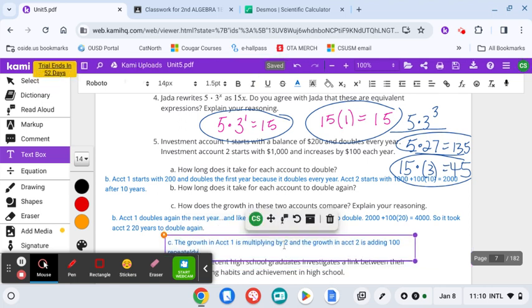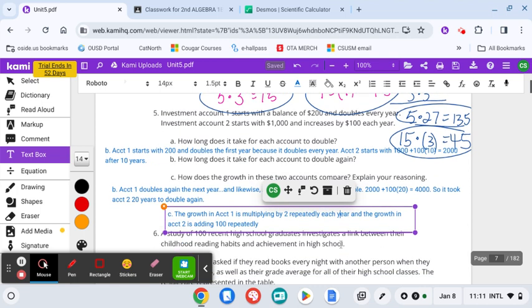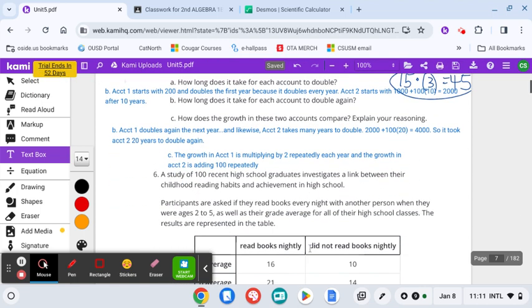The growth in account 1 is multiplying by 2 repeatedly each year, and the growth repeatedly. Okay, again, in your own words, do your thing.